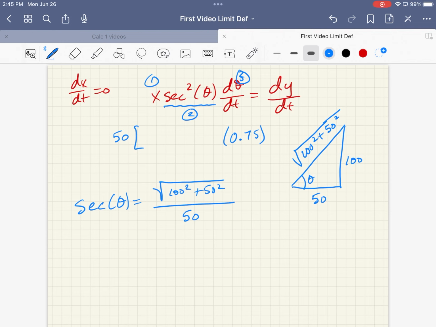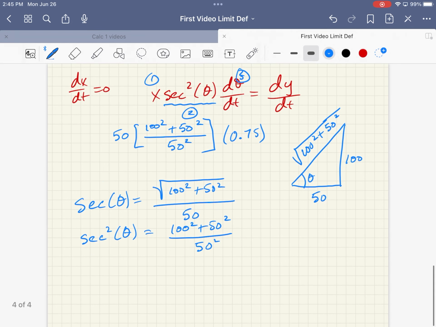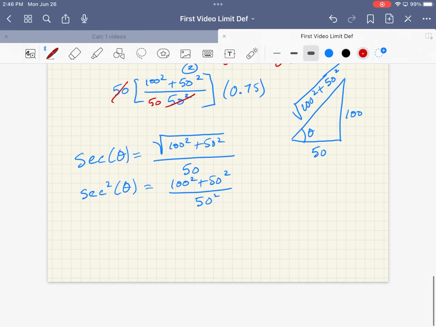And so secant of theta would equal the square root of 100 squared plus 50 squared, all divided by 50. Therefore, secant squared of theta would equal all this squared, which would be 100 squared plus 50 squared, all divided by 50 squared. So that's what I put in here. And notice that when I do that, this 50 cancels out with one of those 50.